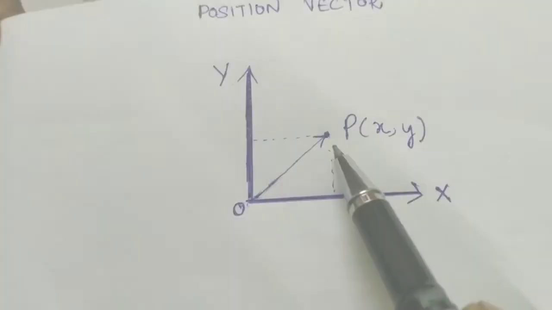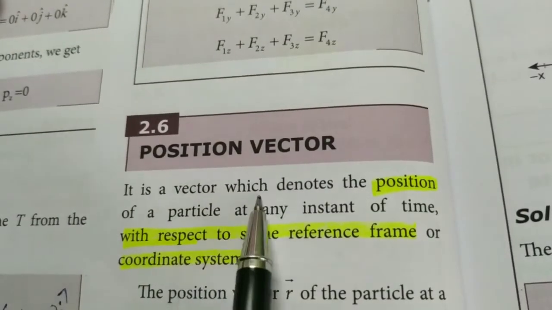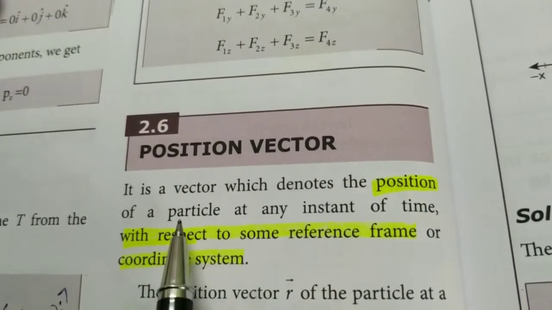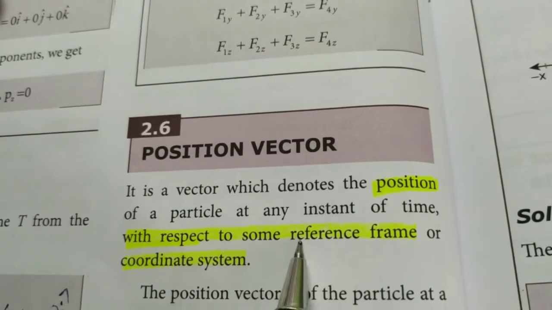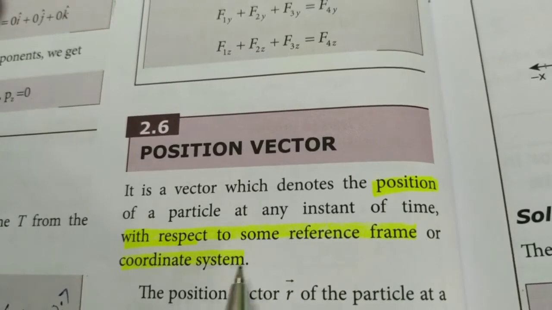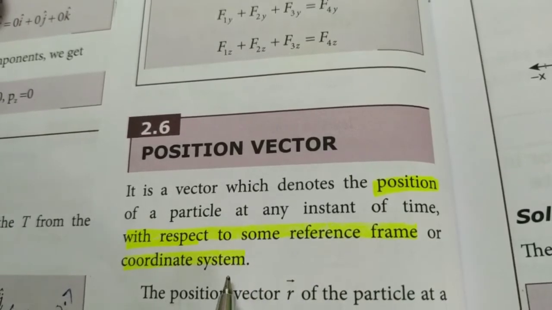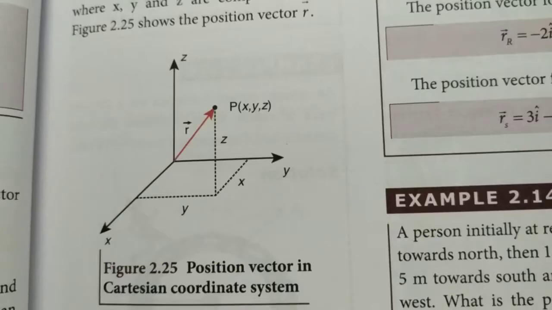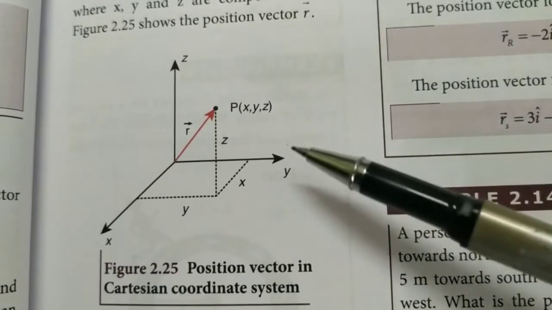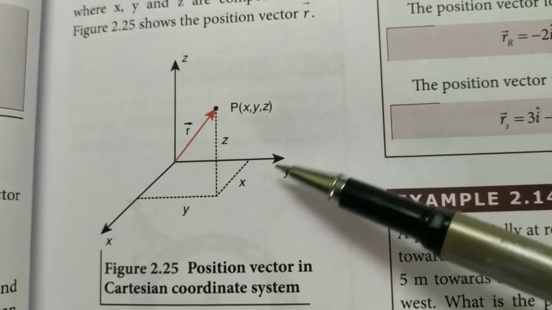So position vector is a vector which denotes the position of a particle at any instant of time with respect to some reference frame or coordinate system. Now I think you understand what position vectors are. The position vector in Cartesian coordinate system is shown in this figure.